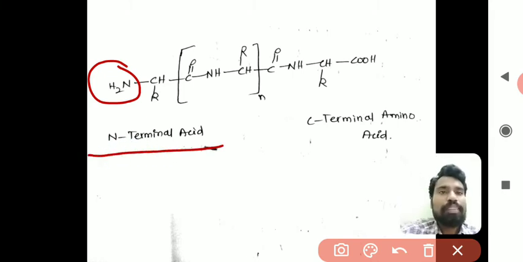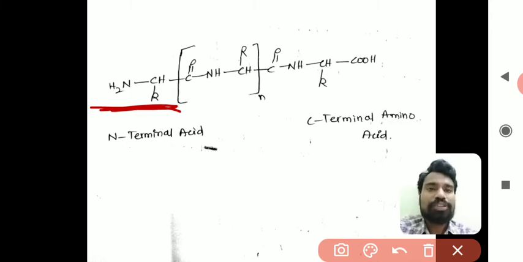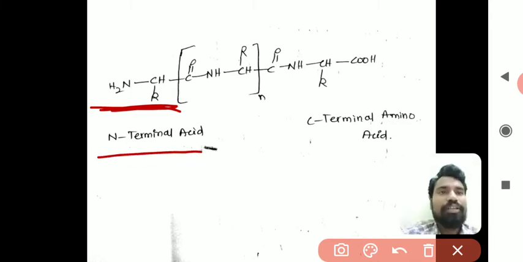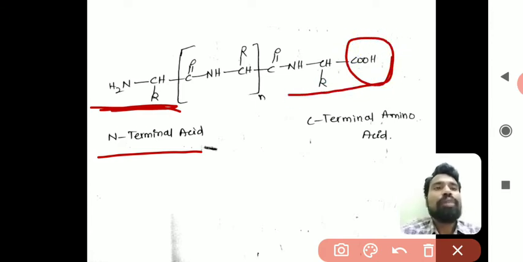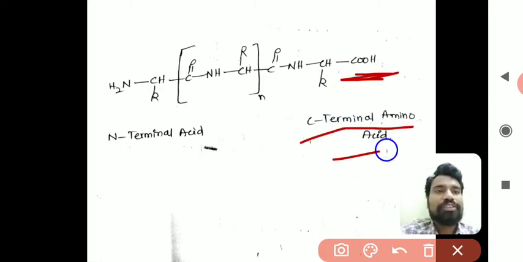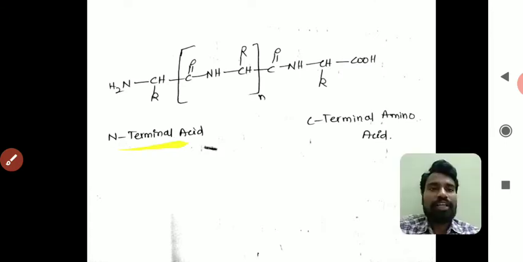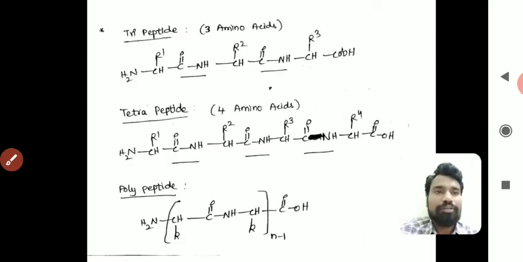This first amino acid which has a free NH2 group is called the N terminal amino acid, and the last amino acid which has a free carboxylic acid group is called the C terminal amino acid, because the carbon atom is free here. That is COOH, which is there for reactions, right? So this is the N terminal and this is the C terminal.